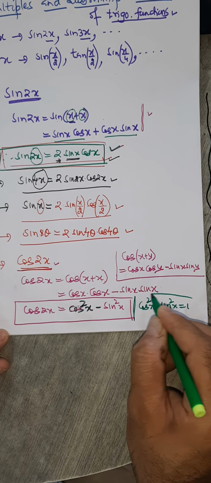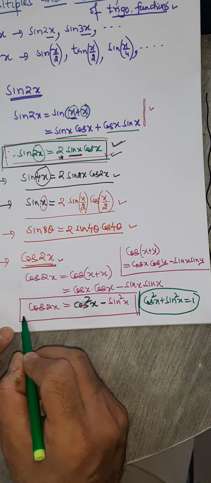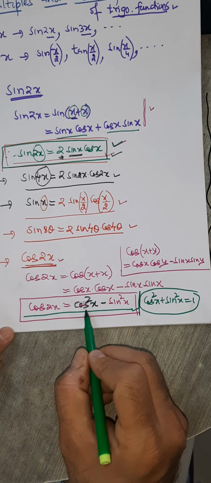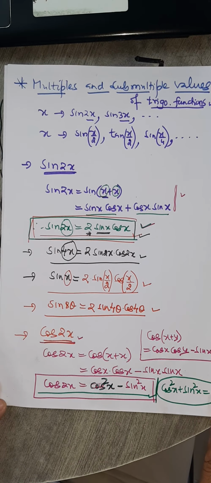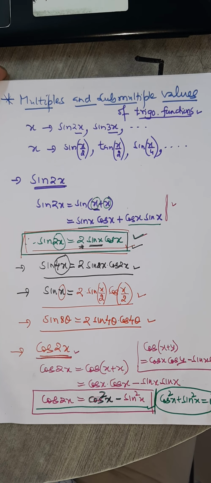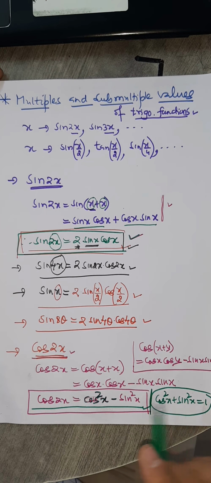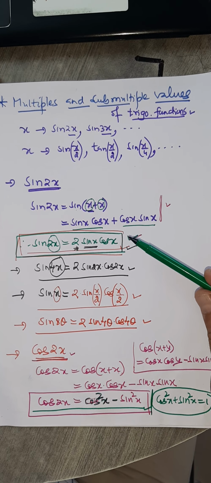If I put a plus sign here, it is 1. But if I put a minus sign, it is cos 2x. Cos 2x equals cos square x minus sin square x. So this is the formula for cos 2x, and this is the formula for sin 2x. Sin 2x is given by this, remember.